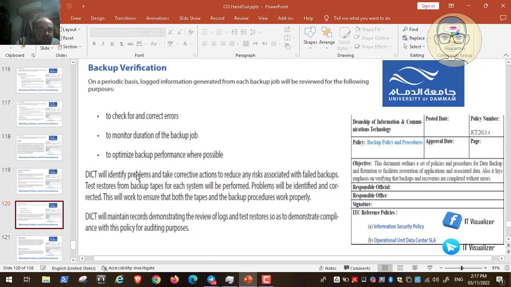The ICT will identify problems and take corrective actions to reduce any risks associated with failed backups. Test restores from backup tapes for each system will be performed. Problems will be identified and reacted to. This work is to ensure that both tapes and backup procedures work properly. So let's see here.